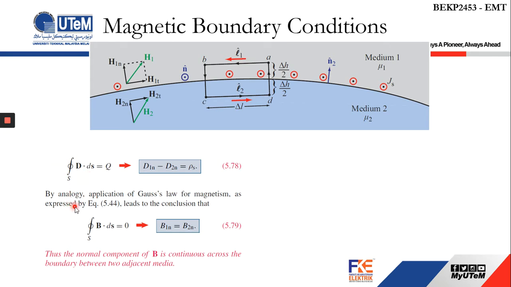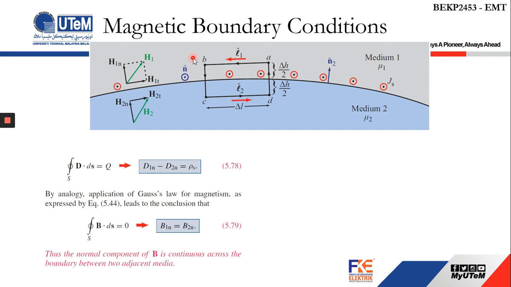So by analogy, application of Gauss's law for magnetism, we already derived that we cannot separate the north and south pole. So if we have a closed surface, the total net magnetic flux will be 0. In other words, the normal component of the magnetic flux as it crosses the boundary, it's not shown in the figure, but it is implied.